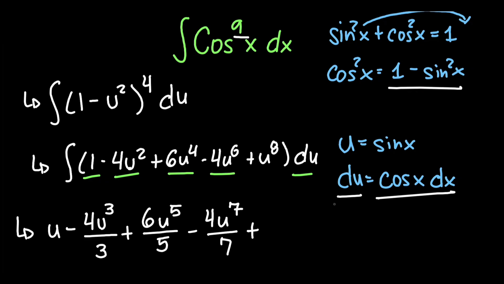The integral of u to the power of 8 would be equal to u to the power of 9 over 9. And don't forget to add plus c, or the constant of integration.